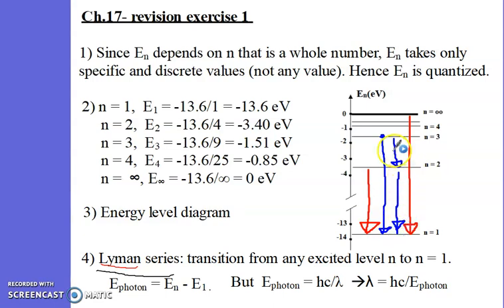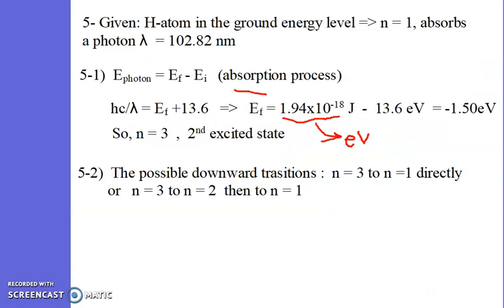So here we have in this process 2 photons. So the possibility is directly falls to 1, or in 2 steps, 3 to 2, then 2 to 1. Okay, we have 2 possible photons. Okay?